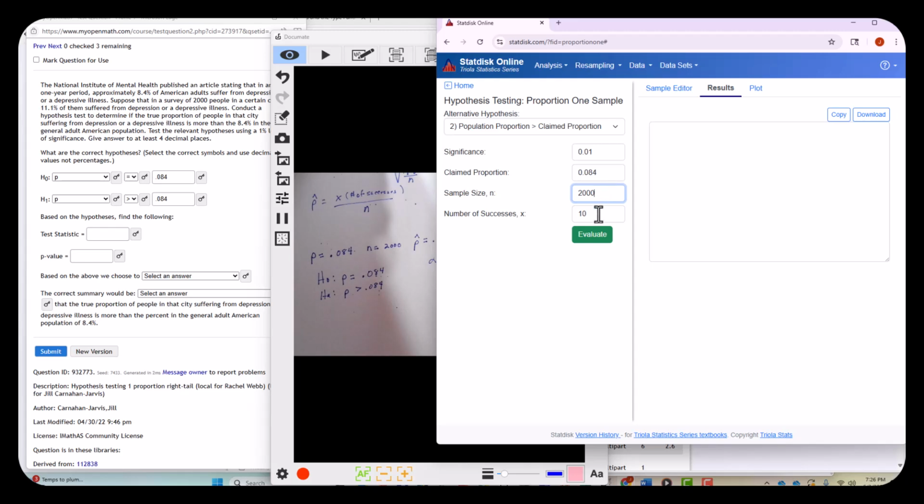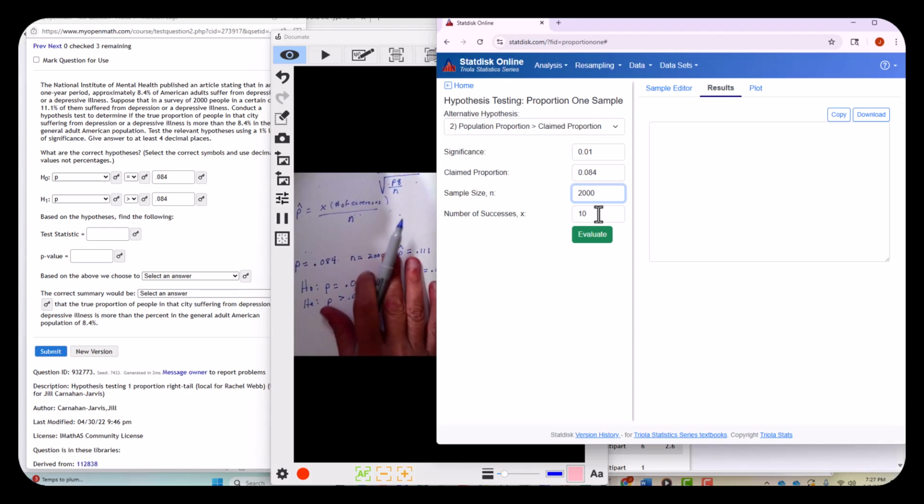Now here's where it gets a little tricky. Your number of successes, x, they only tell us what p hat is. So that's why I wrote this down. p hat is your number of successes divided by n.